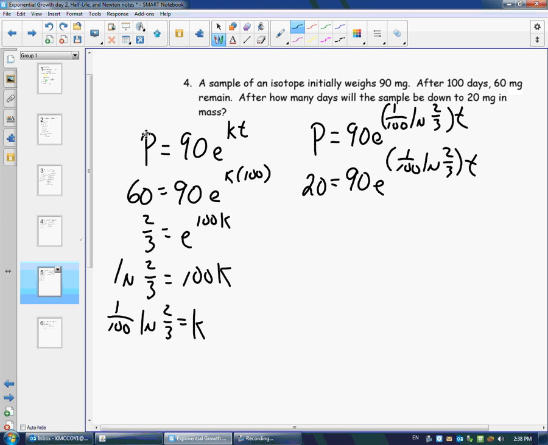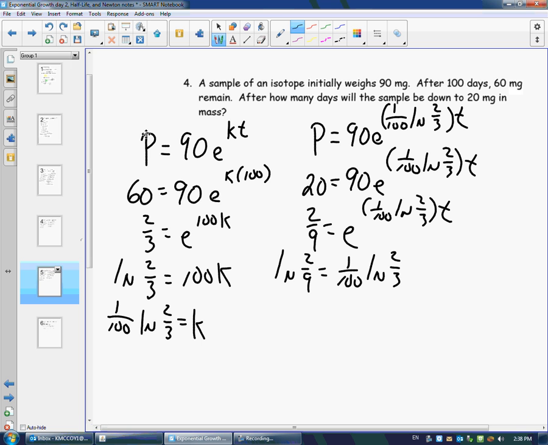This one's pretty much the same as what we've done. So dividing 90 on both sides, we'll get 2/9 equals e to the 1 over 100 natural log of 2/3 t on the right-hand side. Again, natural log will just give us 1 over 100 natural log of 2/3 t.